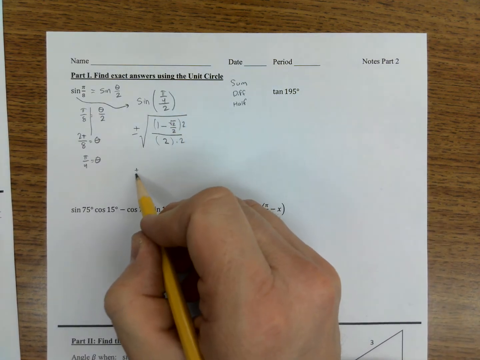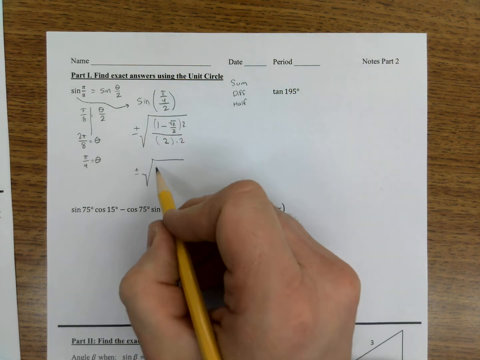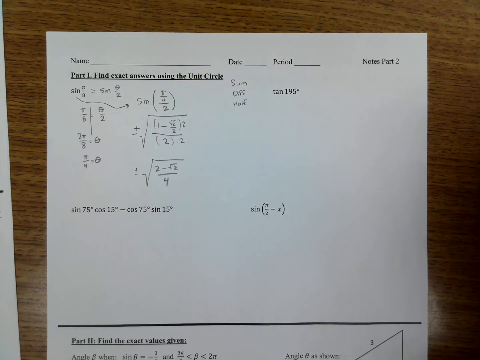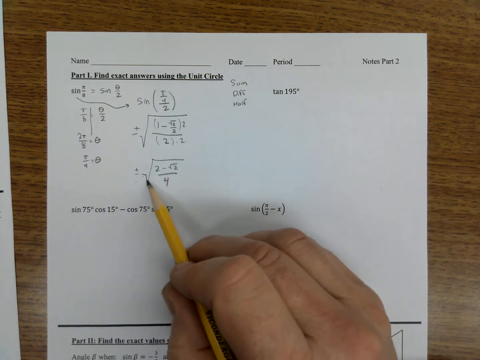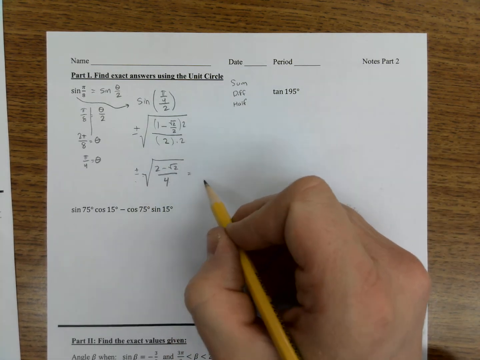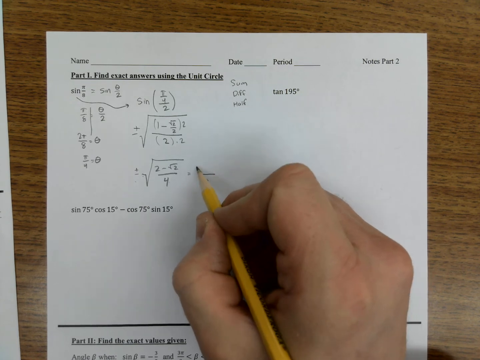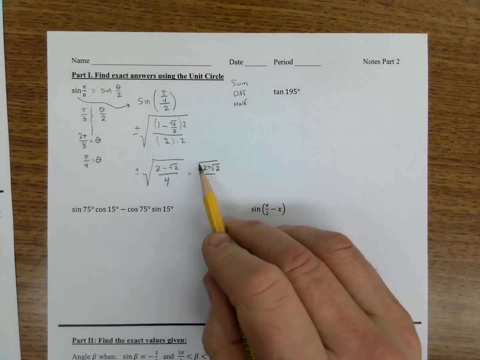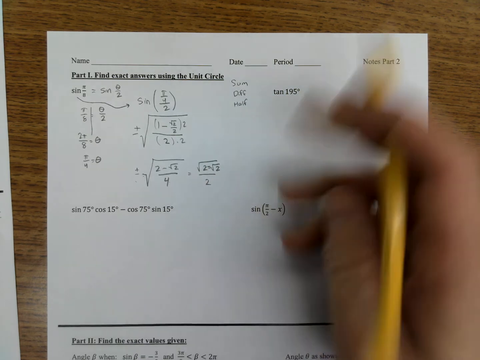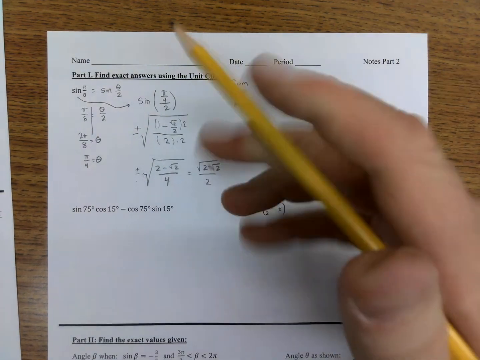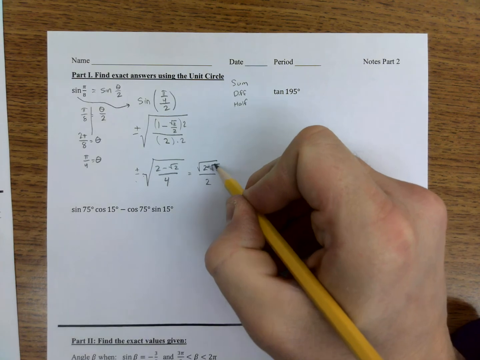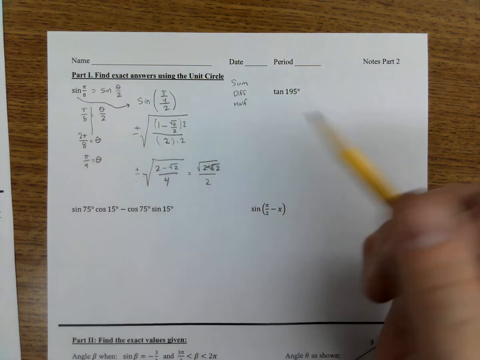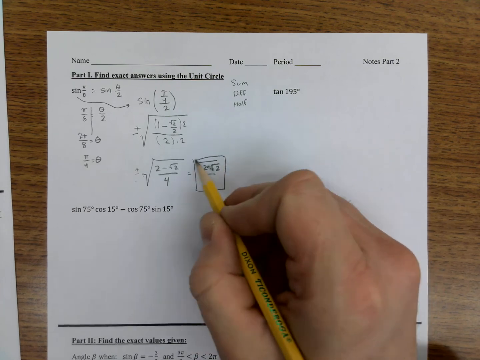That will give us plus or minus the square root of 2 minus root 2 over 4. And now we can take the root of the denominator, which is just 2. And the numerator is still the square root of 2 minus root 2. And is it plus or minus? Well, pi over 8 is in the first quadrant, so it's positive.